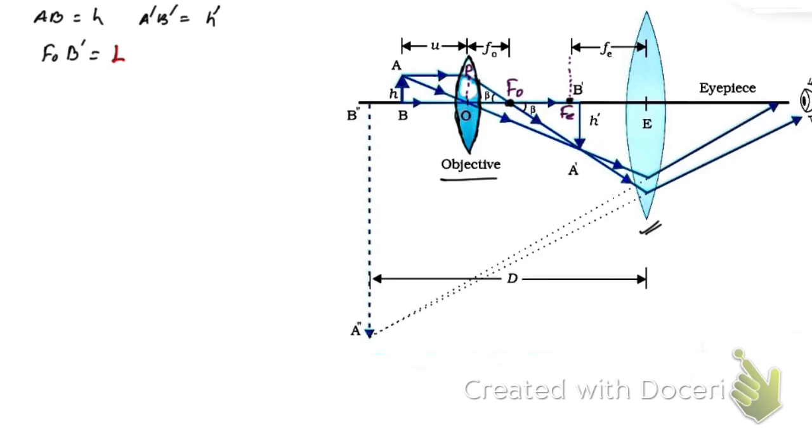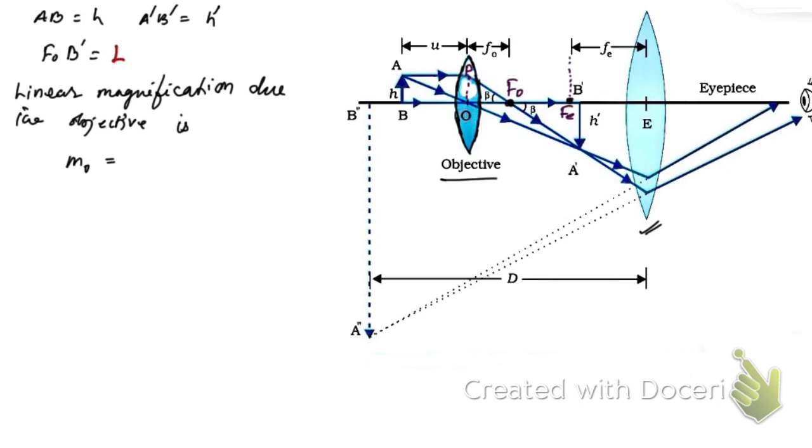Now the linear magnification due to the objective, let it be m0.